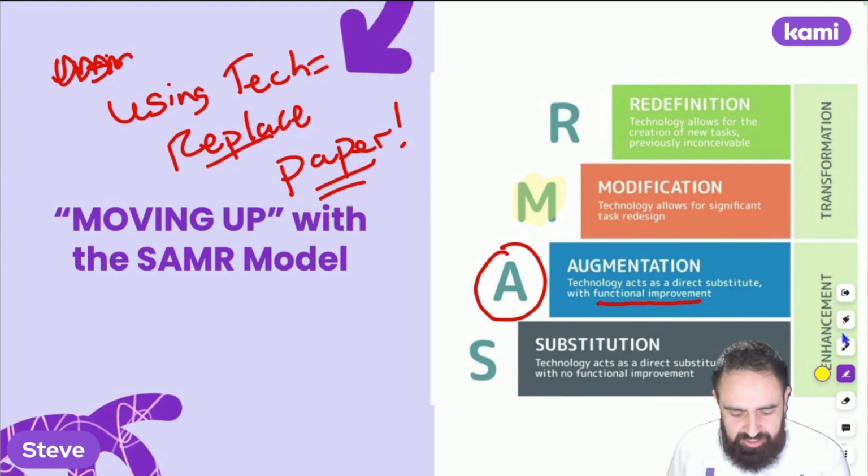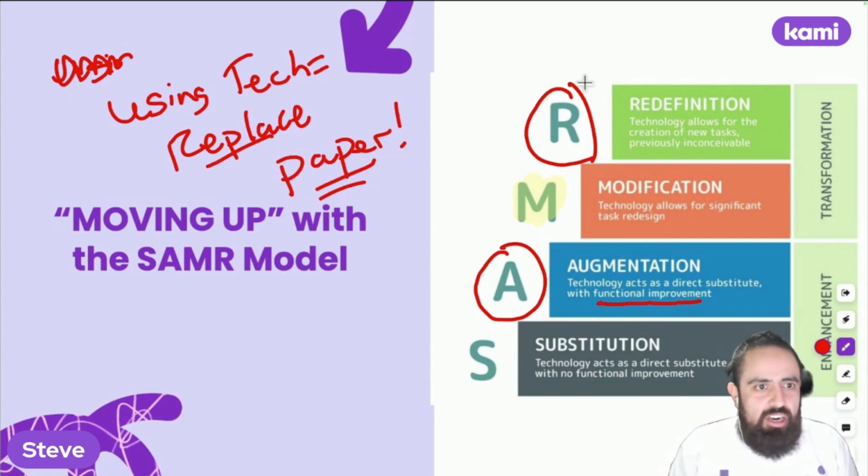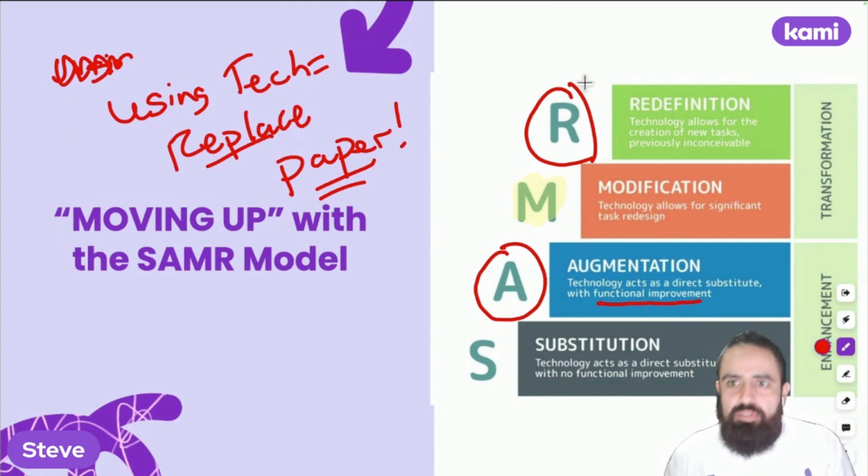And lastly, this last one is redefinition, right? Technology allows for the creation of new tasks previously inconceivable without the device, without the software, without maybe the hardware involved. So it's a complete redefinition.